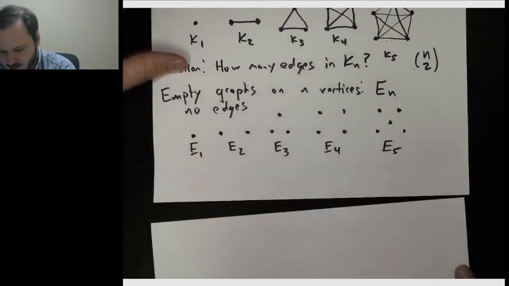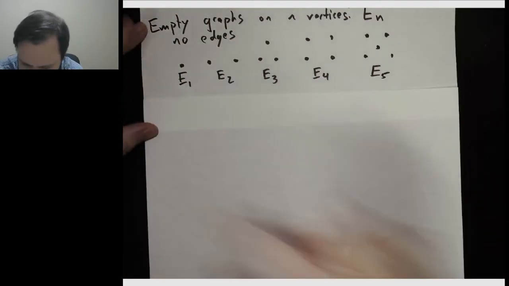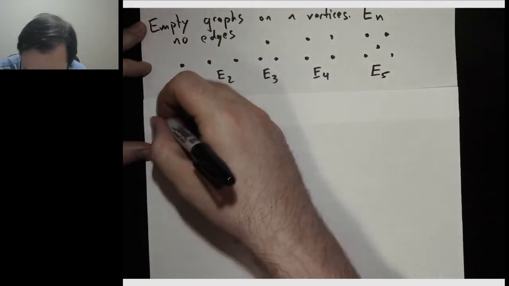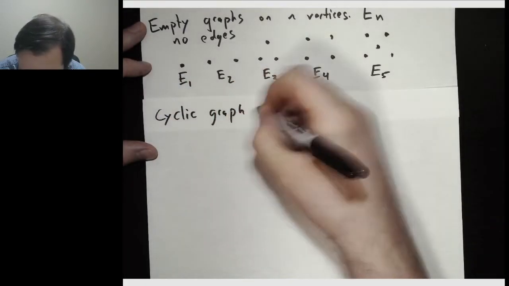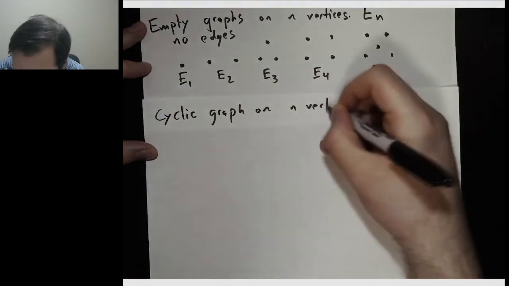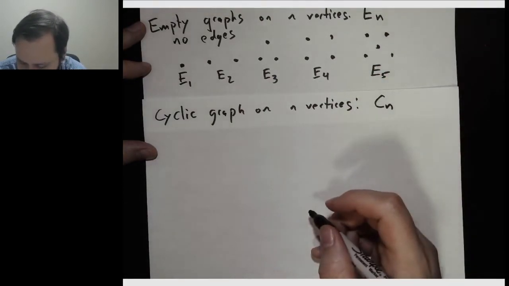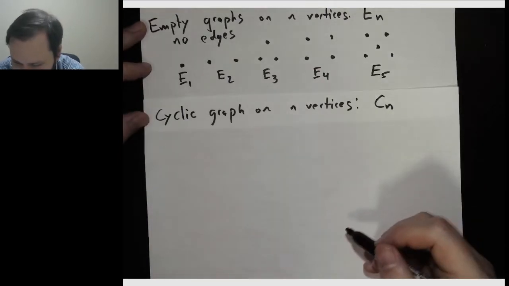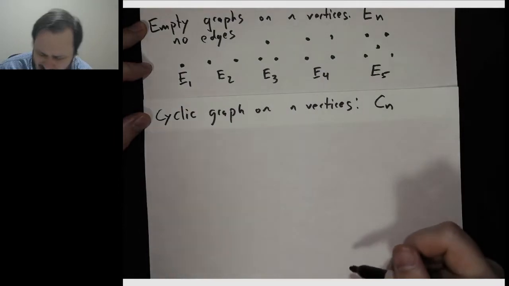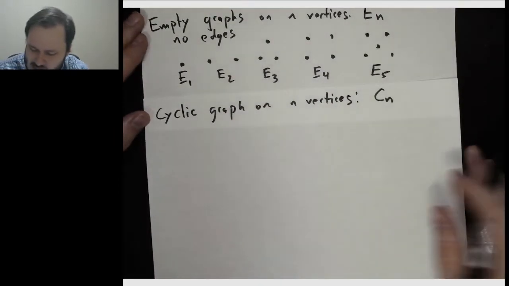Next, I can talk about cycles. So the cyclic graph on n vertices, Cn. Here I just want a cycle going around all my vertices. So C1 and C2 don't really work. Well, maybe C1 is fine.